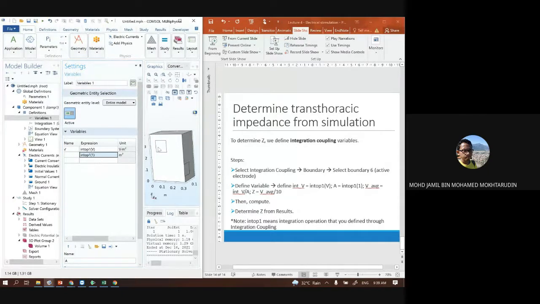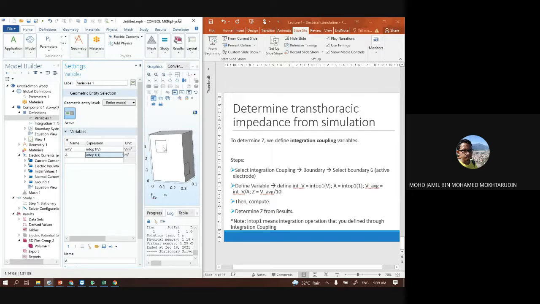Always integrate one, you get the area. If you integrate over the domain, you integrate one, you get the volume. But for now, to make your life easy, integrate one over this area, you get the area of this electrode.